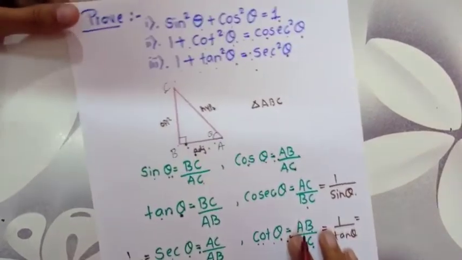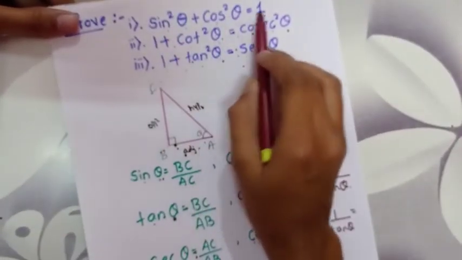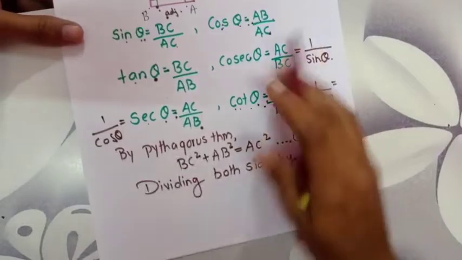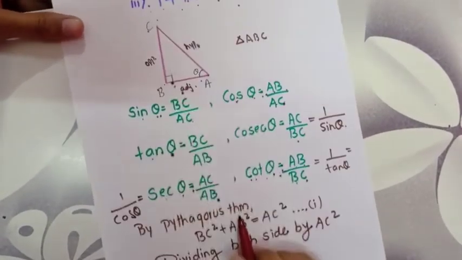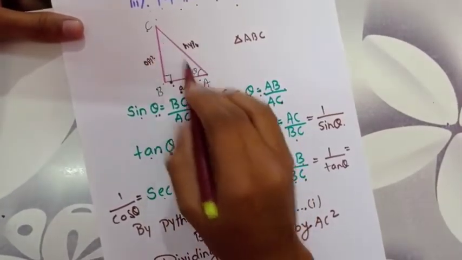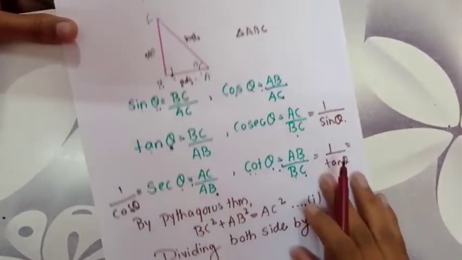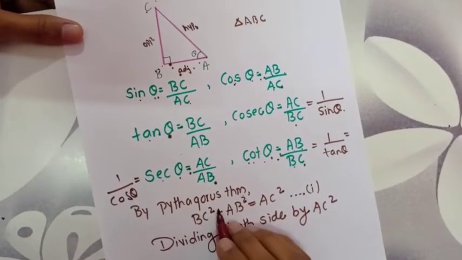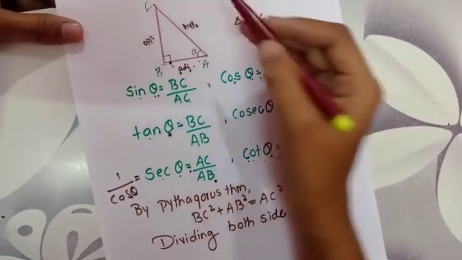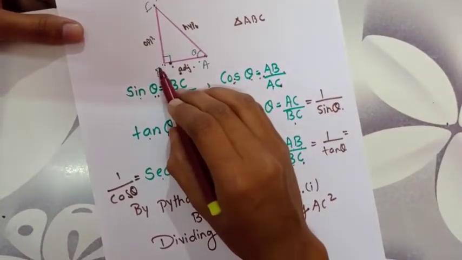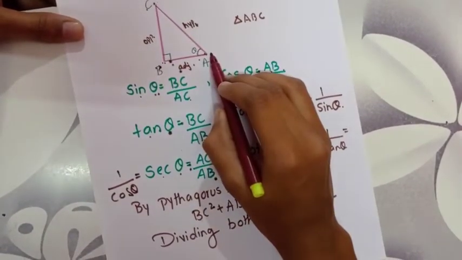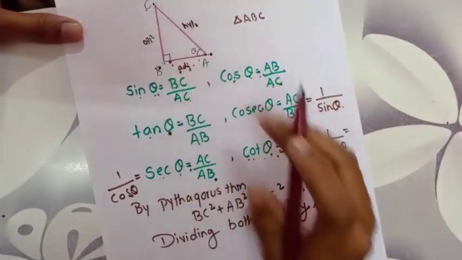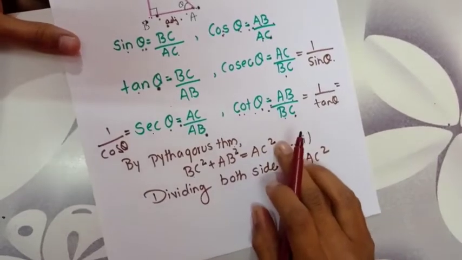Now to prove these identities, we have to use the Pythagoras theorem, which is applicable for the right angle triangle ABC. Here, by Pythagoras theorem, BC square plus AB square will be equal to hypotenuse square. Here the hypotenuse is AC, therefore AC square.